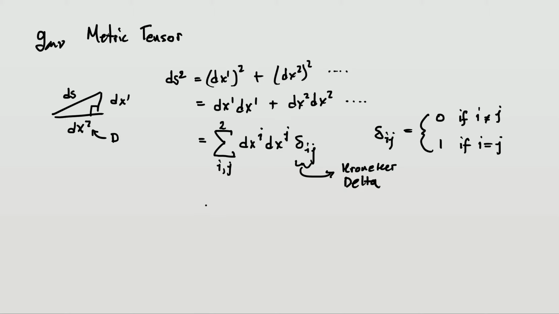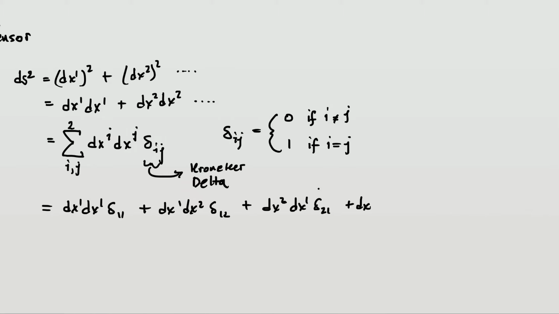All right, so far so good. So if we were to write this out, we would have dx1 dx1 Kronecker delta 1 1, and then dx1 dx2 Kronecker delta 1 2, then dx2 dx1 Kronecker delta 2 1, and dx2 dx2 Kronecker delta 2 2.